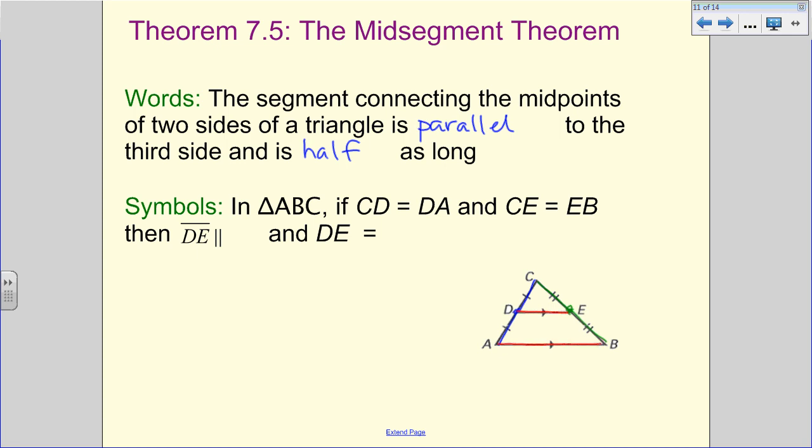We need those 3 things. Then we know that DE is equal to 1/2 of AB. We're going to take half of that third side of the triangle.